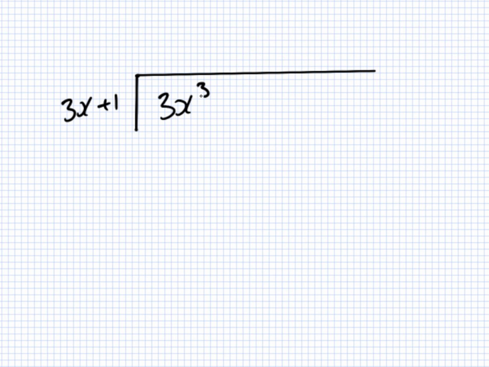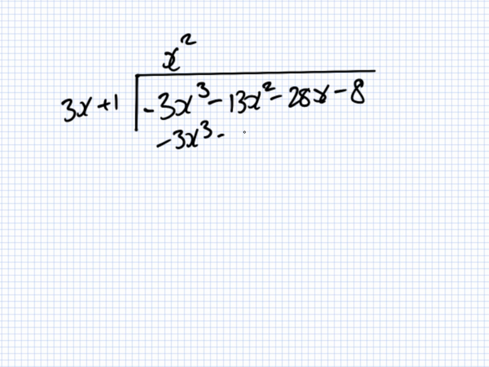Long division. Yeah, 3x plus 1 divided into 3x cubed. Okay, so firstly I need an x squared, I think. Plus x squared here. Oh, I need a minus here, don't I?